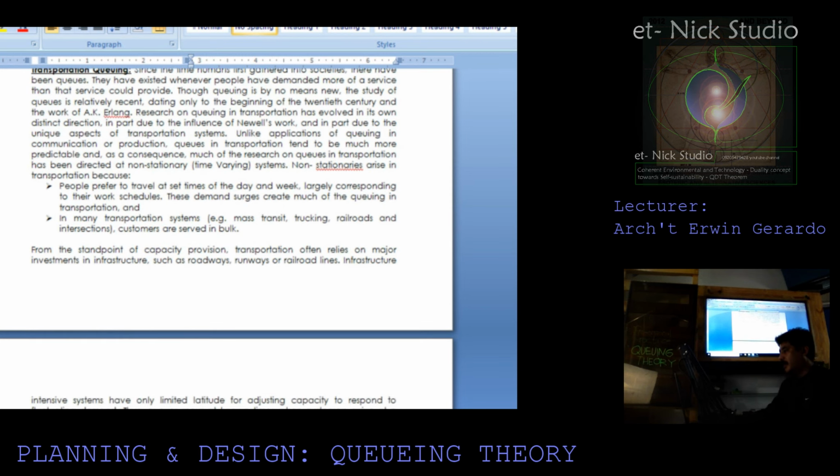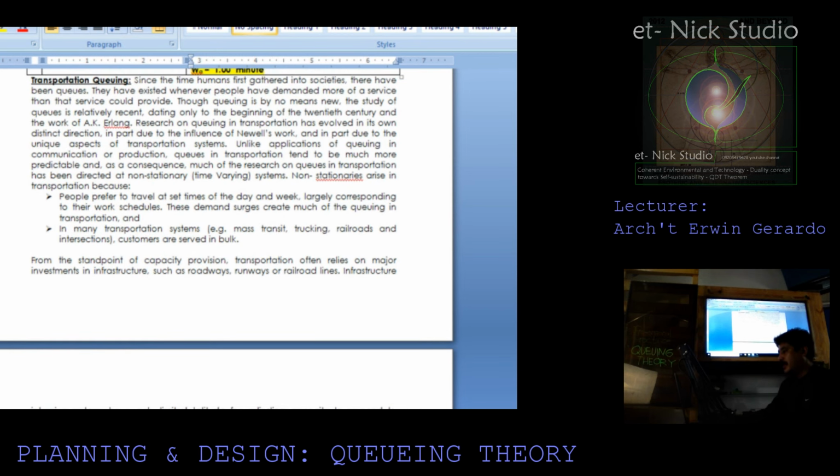Under transportation queuing, since the time humans first gathered into societies, there have been queues. They have existed whenever people have demanded more of a service than that service could provide.